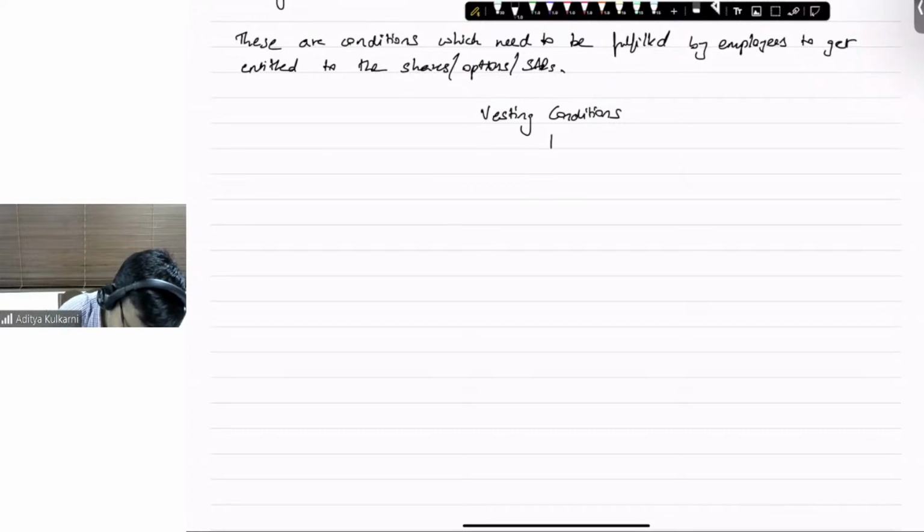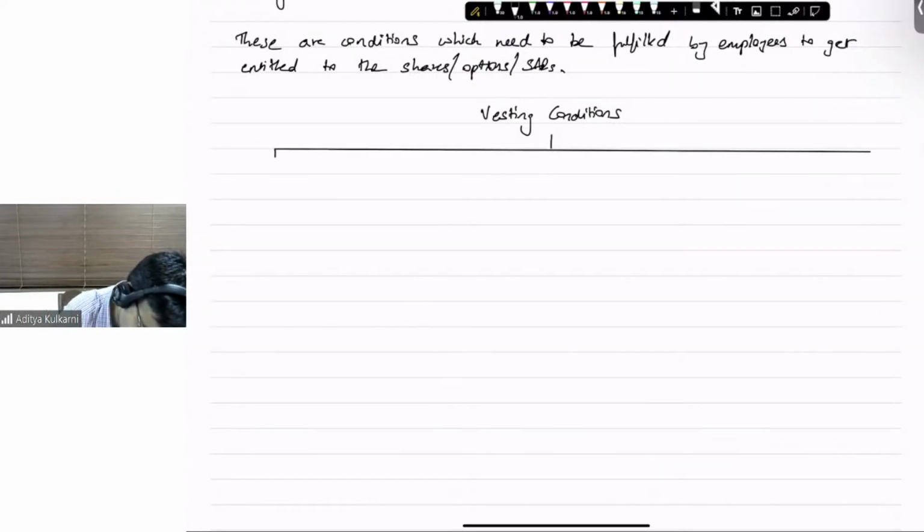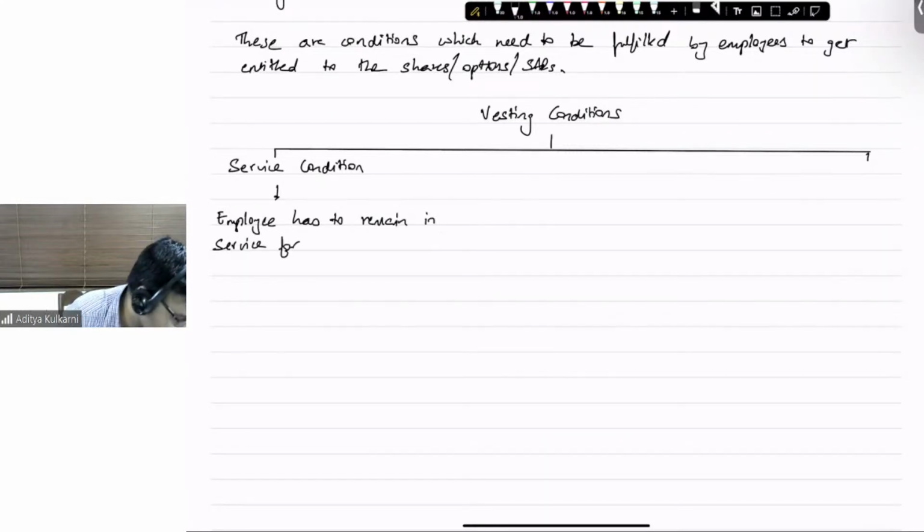So vesting conditions can broadly be divided into 2 parts. The first one is service condition: the employee has to remain in service for a specified duration.